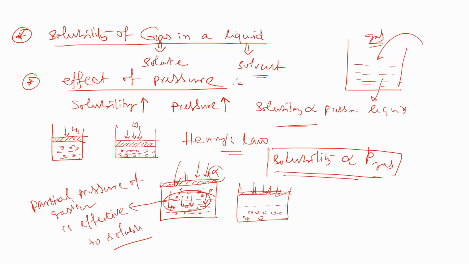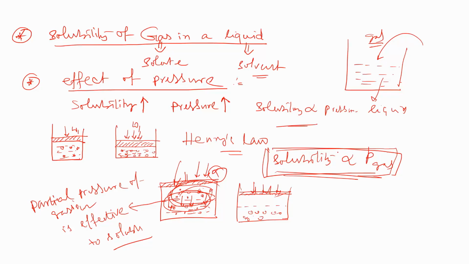This outside pressure is not effective, we are just forcing. But the effective pressure is the partial pressure of the gas. That's why the solubility is proportional to the partial pressure of the gas present on the surface of the liquid or solution.